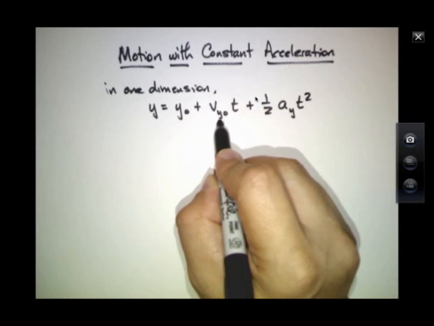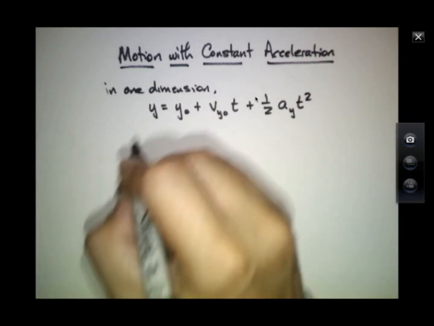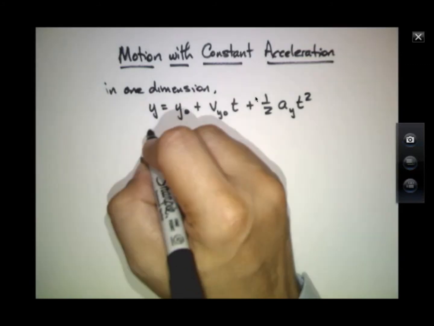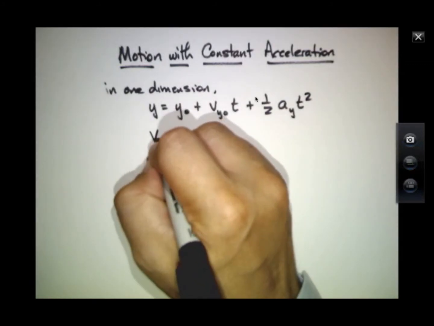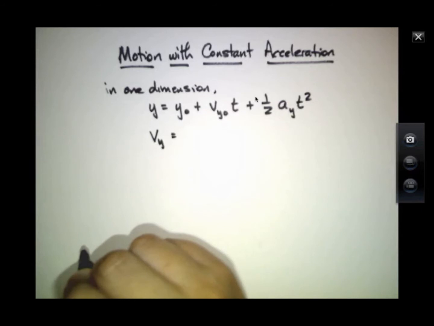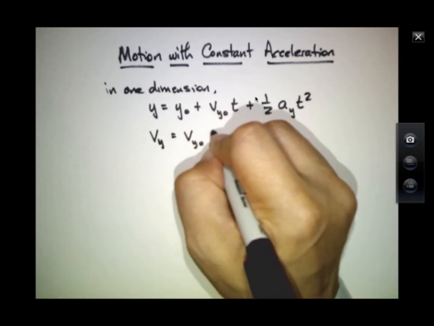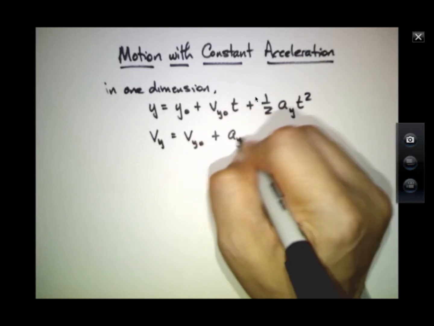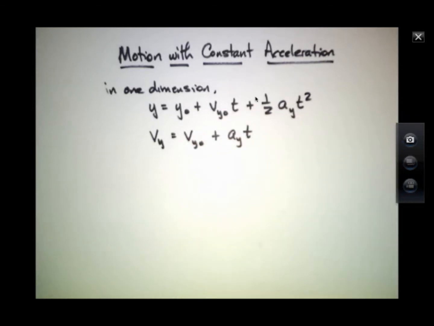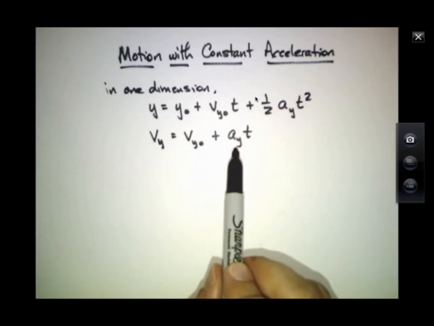Notice I'm writing a vy naught and ay. That's because I'm going to talk about two dimensions here momentarily, but in the other equation we had to remember here is that this velocity in the y direction under uniform acceleration, or constant acceleration, would grow or decrease linearly with time depending on the sign of that acceleration.